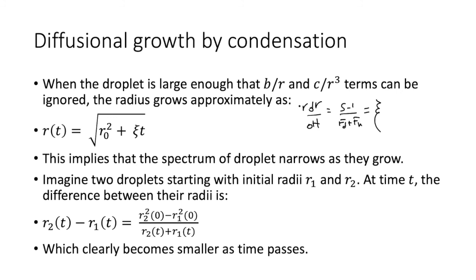Now, r dr is 1/2 dr squared. That's hopefully not news to any of you. So this is dr squared over dt, and let's say that the 1/2 is absorbed in the psi, okay?